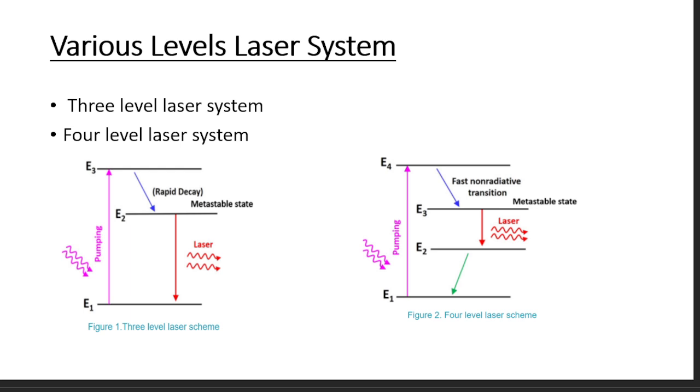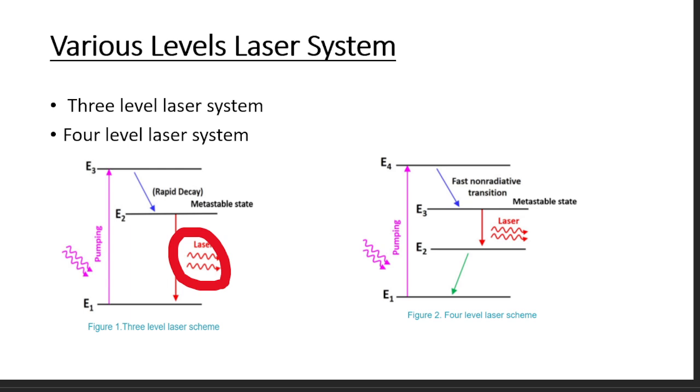Atoms are pumped from E1 to E3, and of the two transitions, E3 to E2 and E2 to E1, one is a non-radiative spontaneous transition and the other is the lasing transition. The atom is pumped from E1 to E3 and drops to the E2 level by rapid decay, or non-radiative spontaneous emission. The transition between E2 and E1 is the actual laser output, that is the lasing action.